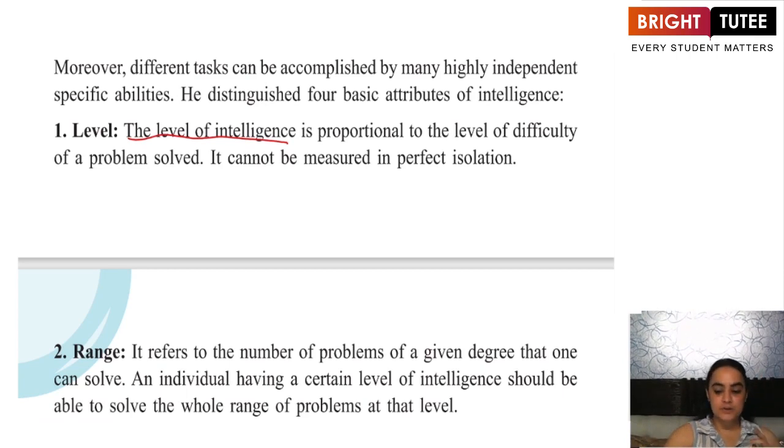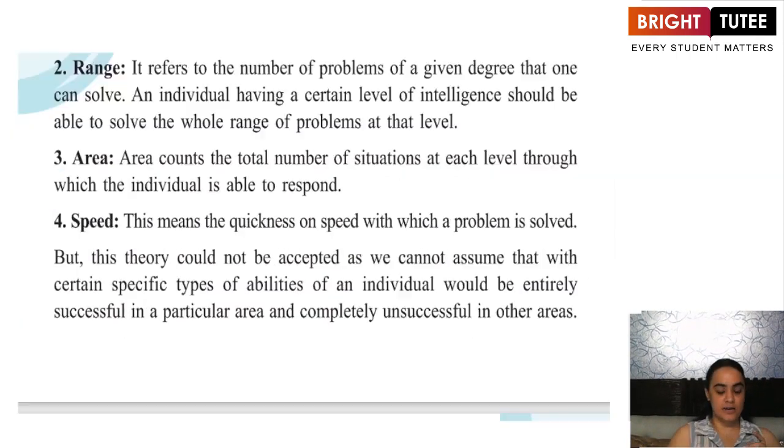The second attribute of intelligence, according to psychologists, is the range. The number of problems solved by a person of the same level. Remember, in my previous videos, I have given you an example that nowadays, according to the education system, when a question paper is posed in front of a child, that question paper will comprise different levels.